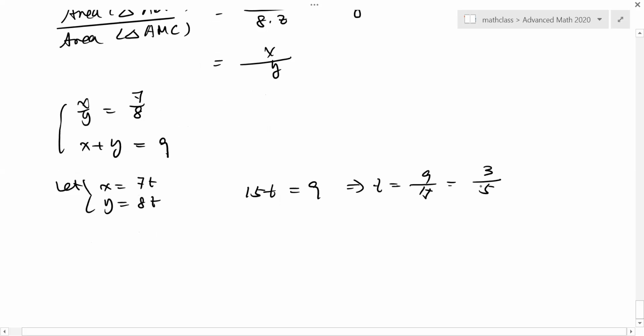Then x equals 7 times 3 over 5, that's 21 over 5, and y is 8 times 3 over 5, which is 24 over 5.